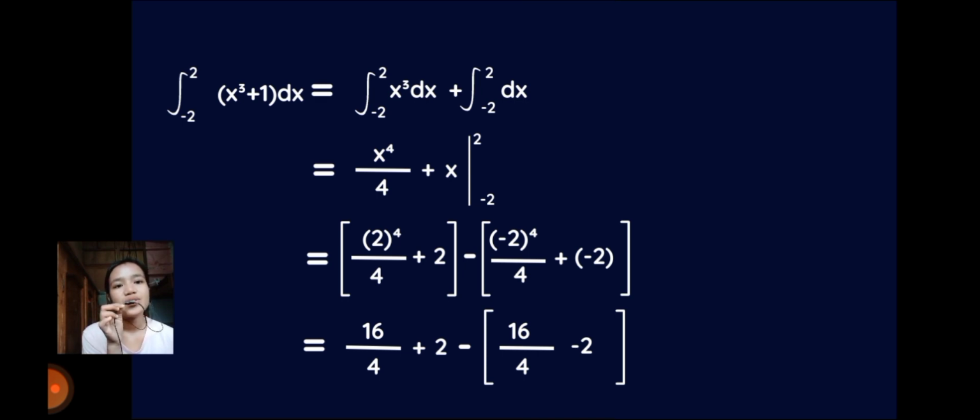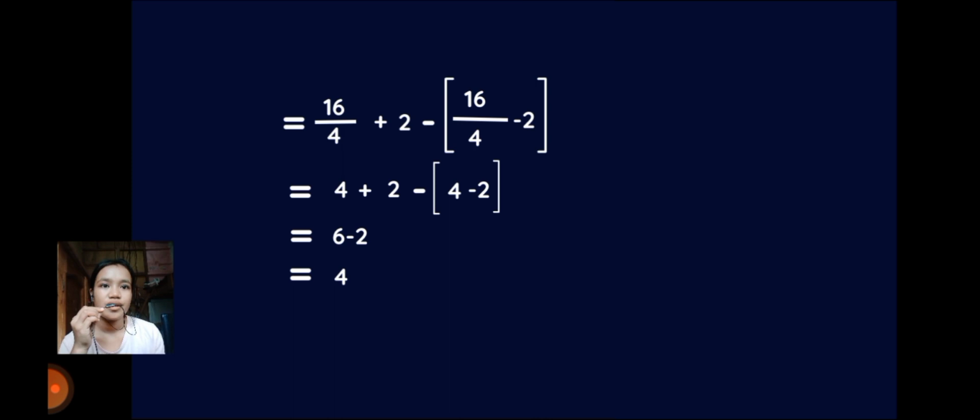So, let's calculate 16 over 4 plus 2 minus 16 over 4 minus 2. So 16 divided by 4 is 4 plus 2, then minus 16 divided by 4 is 4 minus 2.